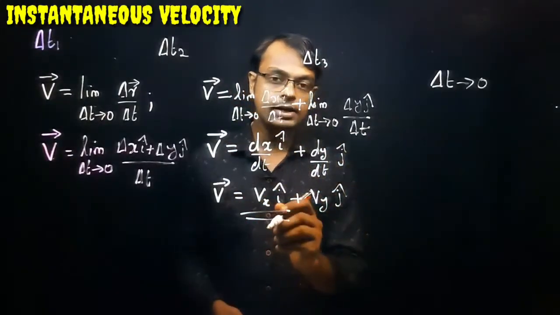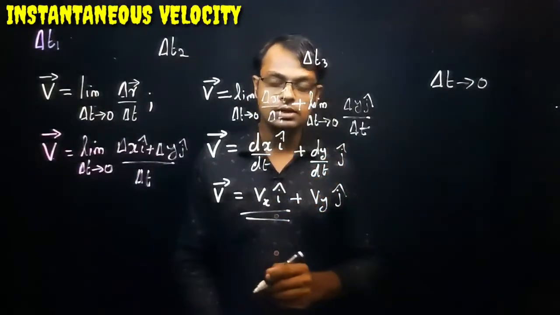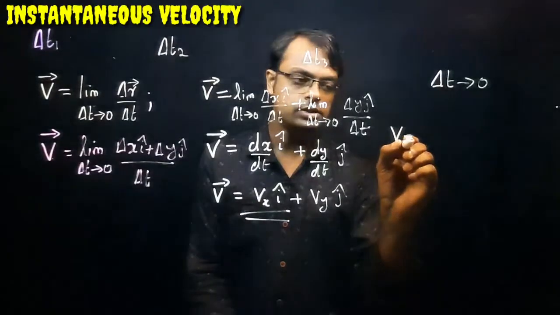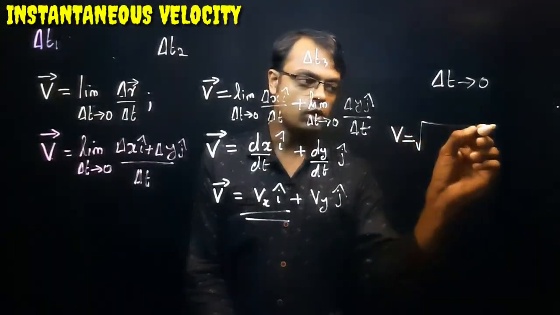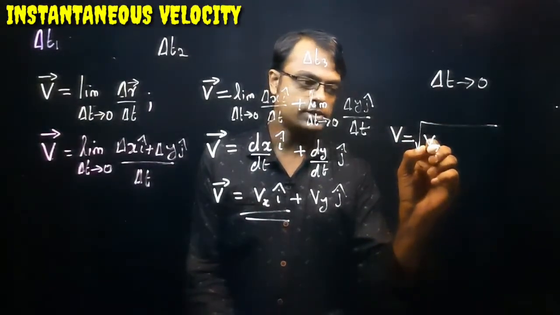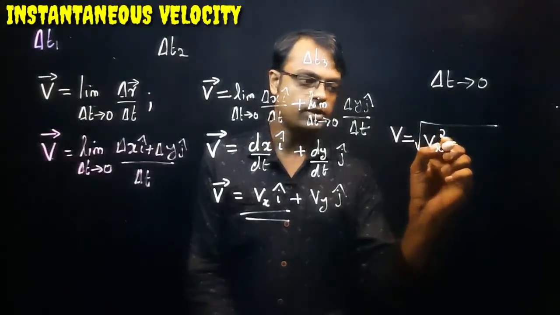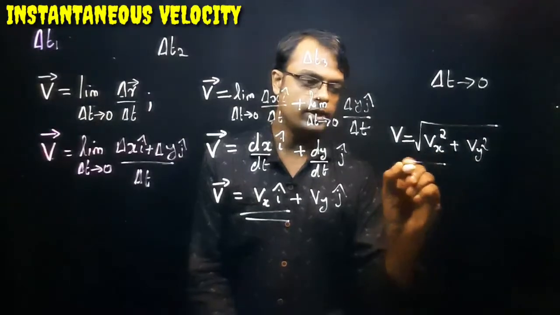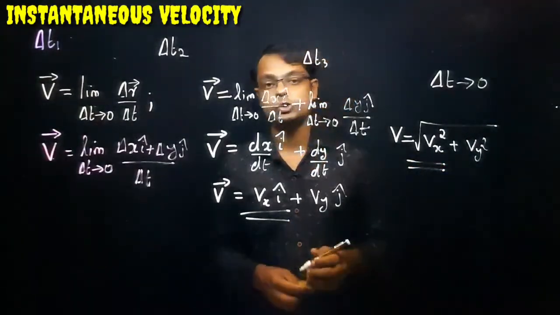So how do we calculate the magnitude of this resultant velocity? The magnitude v is equal to the square root of the x component squared, vx squared, plus the y component squared, vy squared. So this is the way to calculate the magnitude.